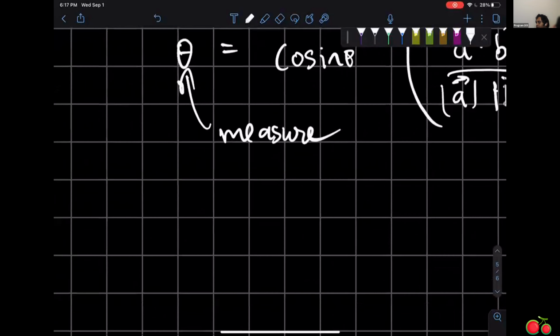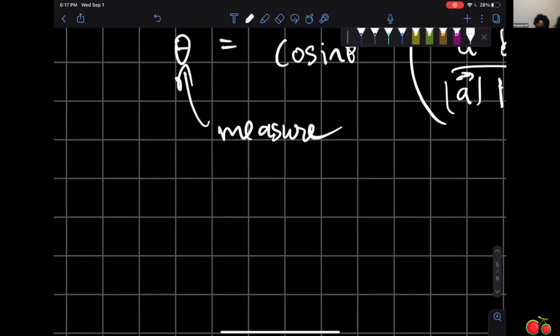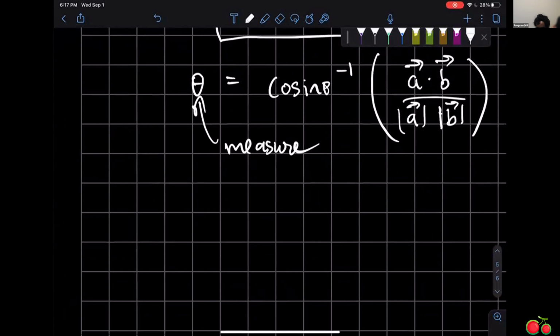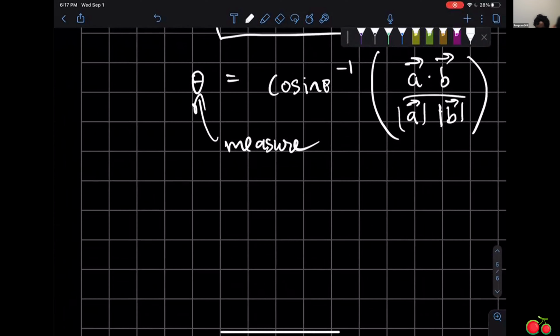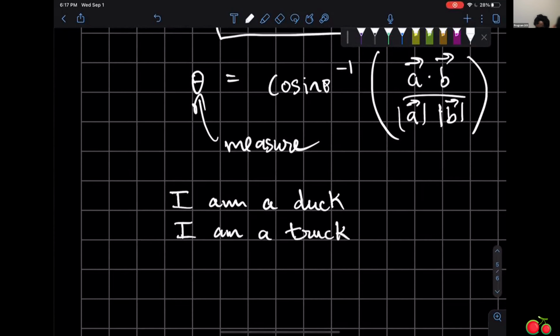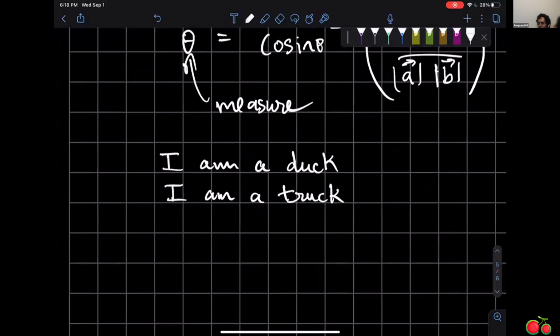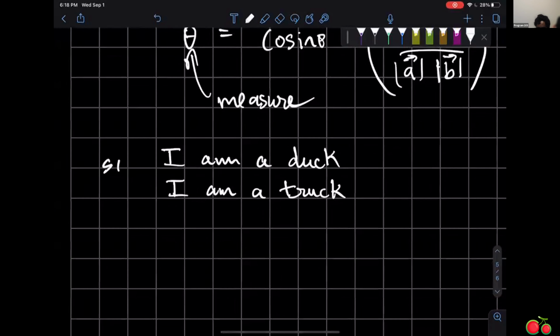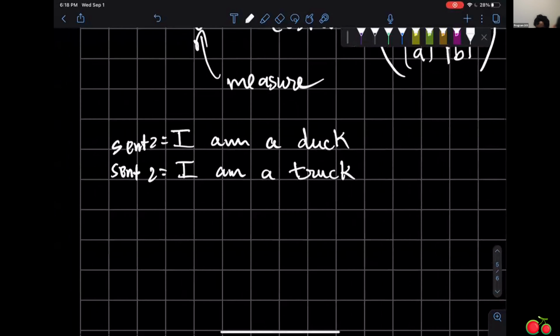So suppose you do natural language processing. In natural language processing, for instance, you have words. Suppose I have the sentences "I am a duck" and "I am a truck". How do you say that sentence 1 and sentence 2 are similar? What you do is, for every word, you generate a vector.